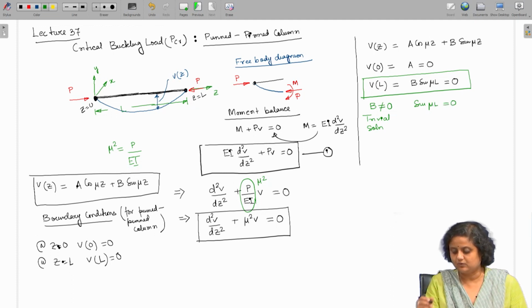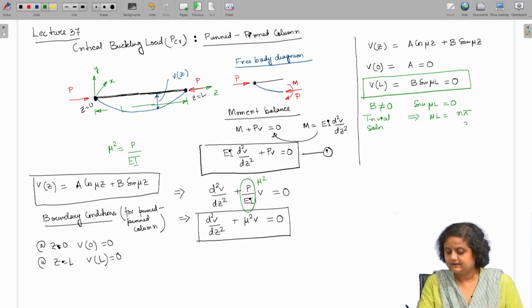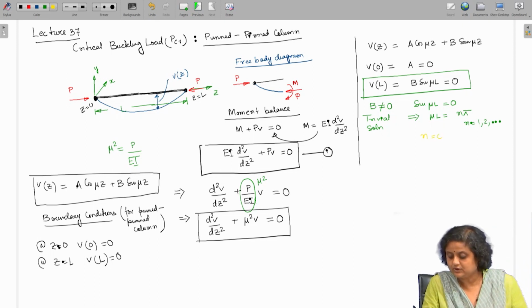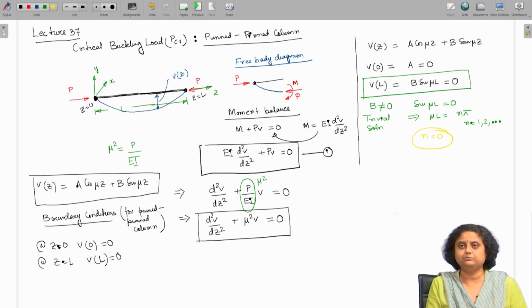is equal to 0. To satisfy this, mu L has to be n pi, where n equals 1, 2 and so on. Now, n equals 0 is also not a solution, because if n equals 0, then again V(z) becomes 0 for all conditions.